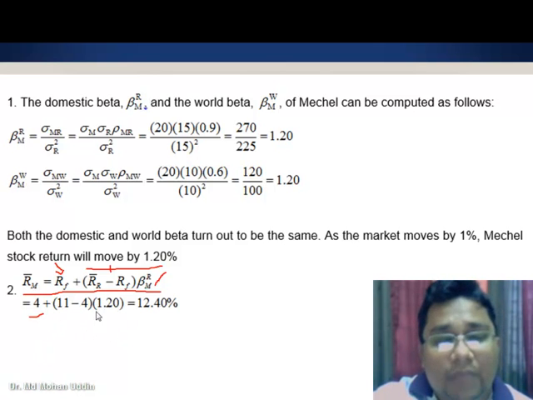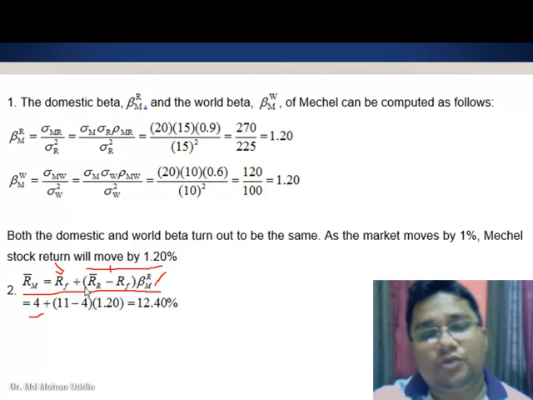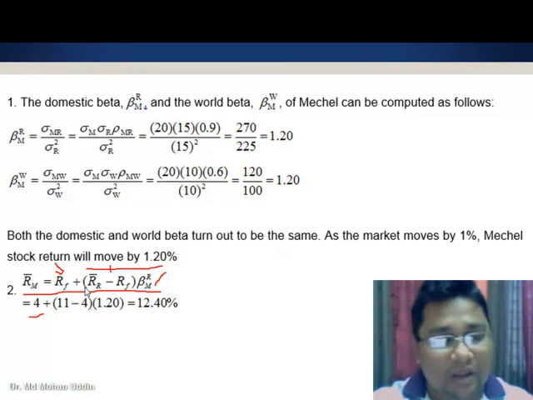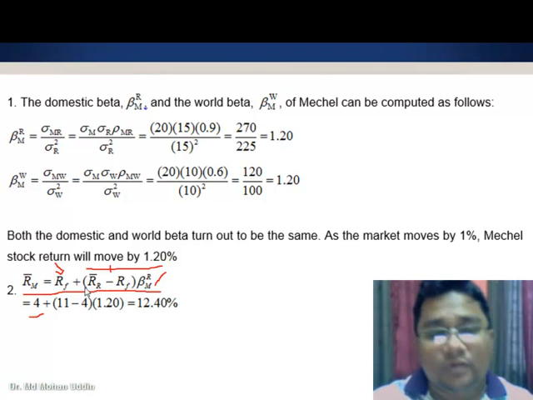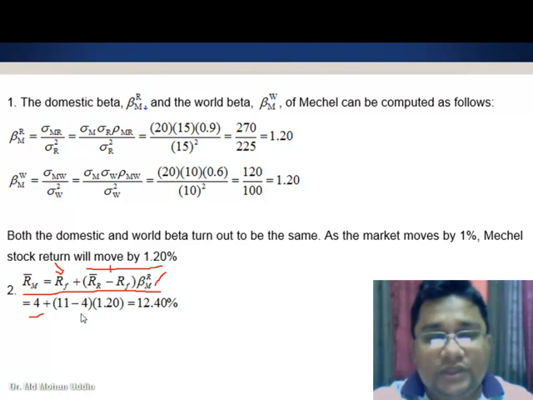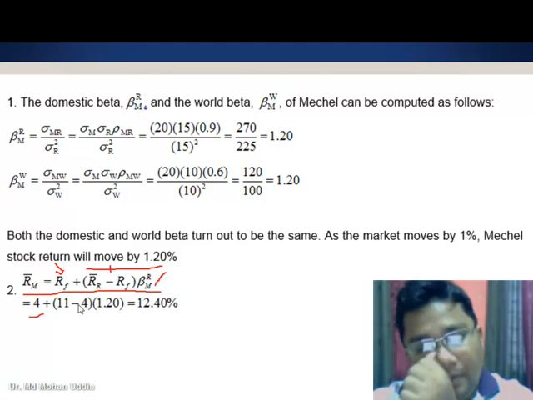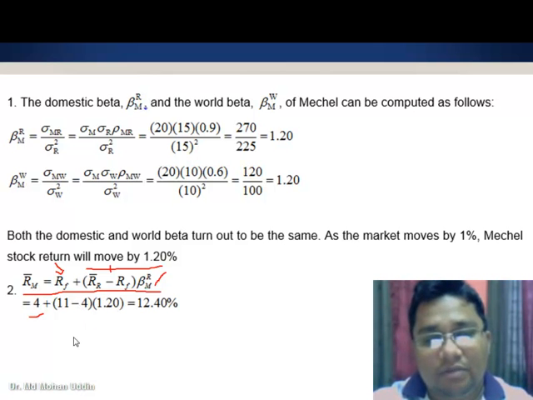Now if the market is segmented, that means in this case we must consider only the domestic market, because the company is in Russia and Russia is segmented from the rest of the world. So in this case the market is actually the market in Russia only, not the whole market.